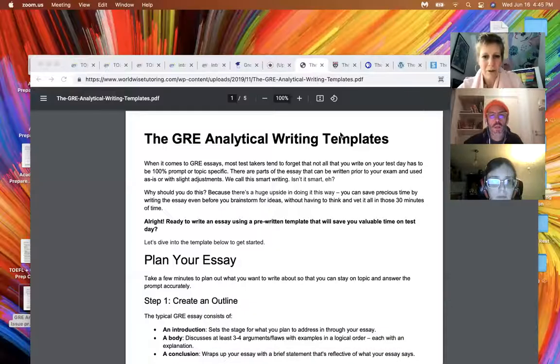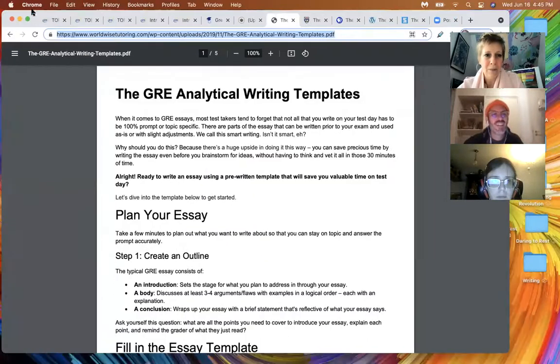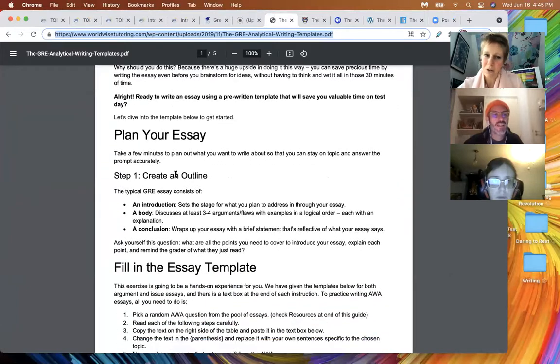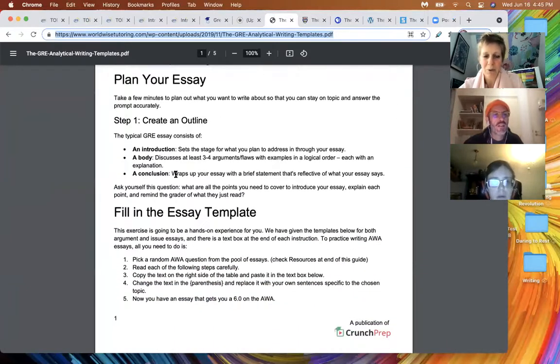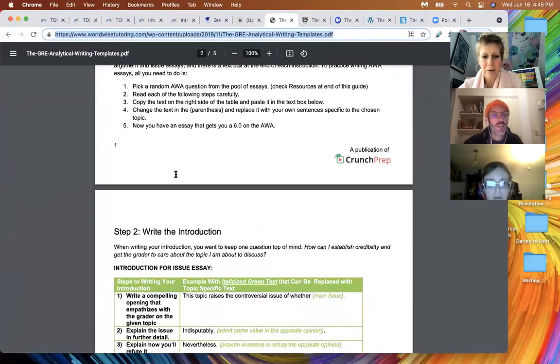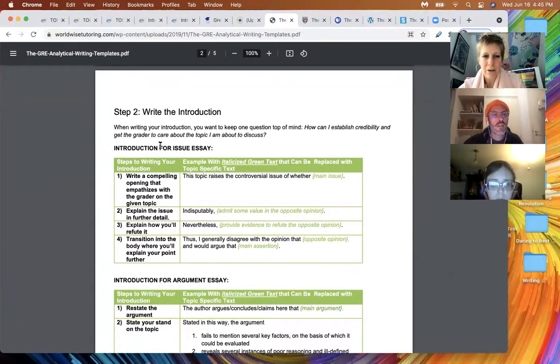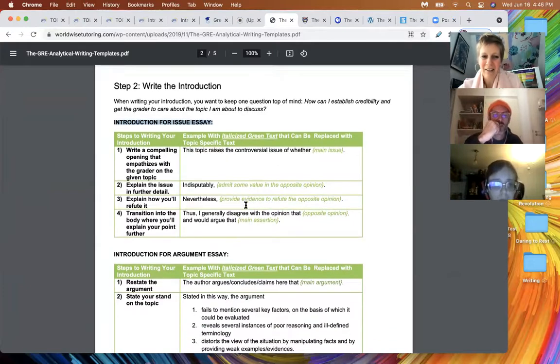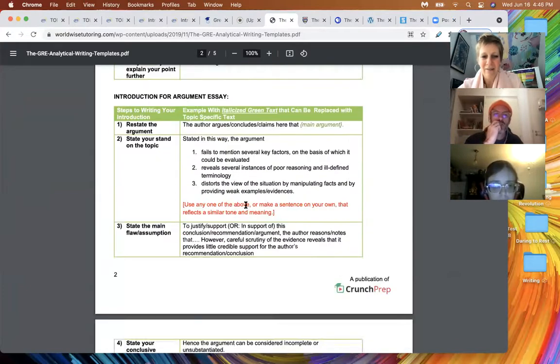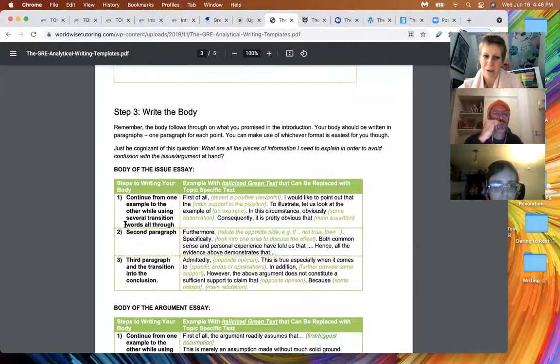And I can share my screen if that's helpful, so you know what I'm talking about. It gives you some hints as you prepare for your essay. See this introduction for the issue essay here. It tells you how to start off. It gives you one example of how to start off. And then the body paragraphs go here.